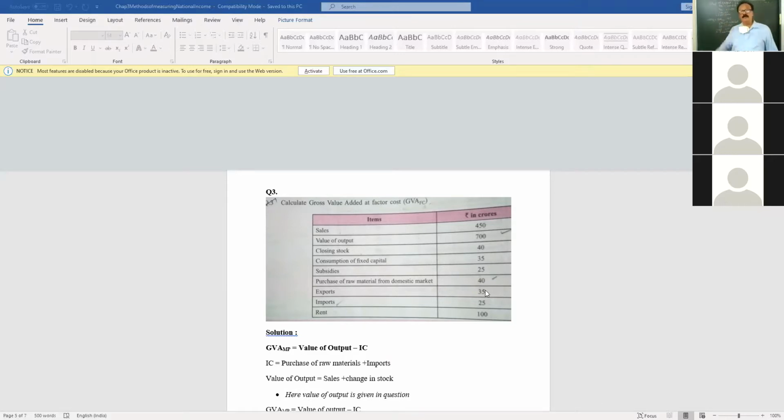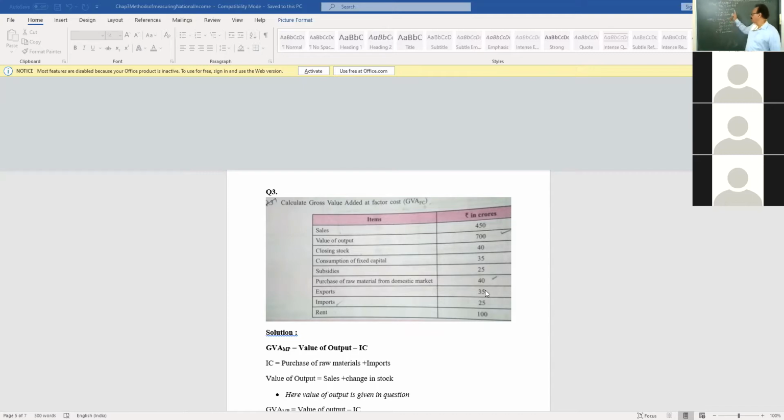Now remember in the previous chapter, second question, I said exports is a part of sales. I'm quickly revising again. Exports is a part of sales. But when domestic sales is given, then exports is added to domestic sales. Otherwise, exports is not added in sales, it's a part of sales.